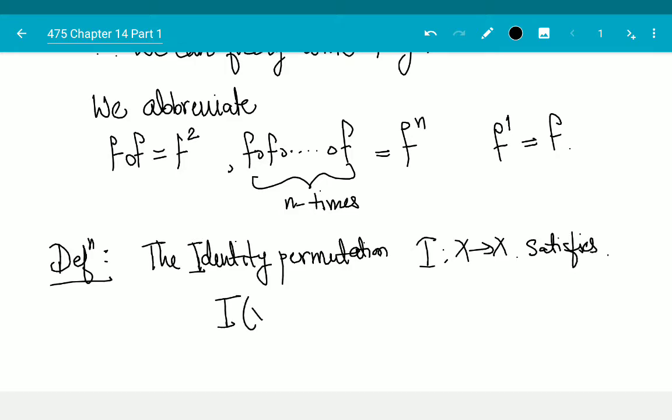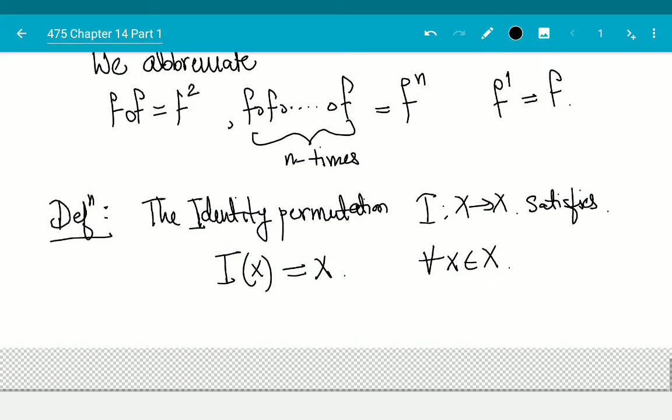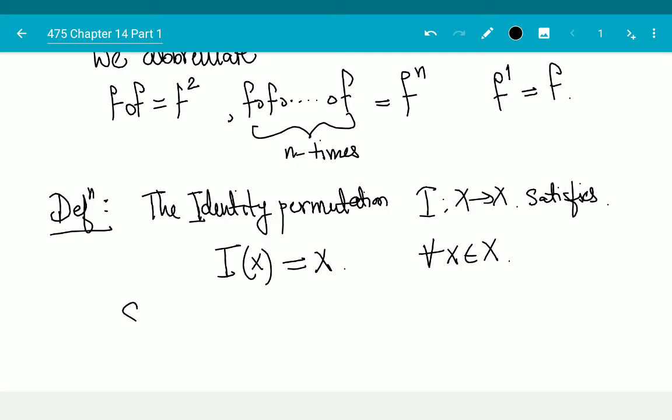It keeps everything the same, for every x. Basically, the identity permutation is given by I equal to 1 2 dot dot dot n, where 1 goes to 1, 2 goes to 2, dot dot dot, n goes to n. It is keeping everything in the same place.